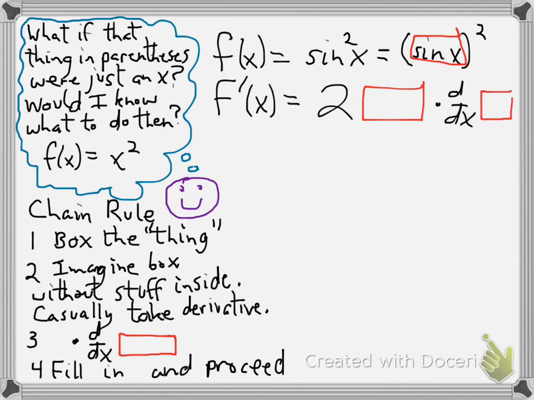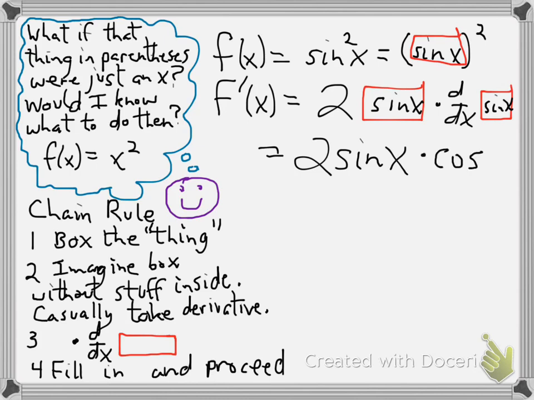And then we're ready to fill in the boxes with sine x. And proceed. 2 sine x, and now we worry about d dx of sine x. The derivative of sine x is cosine x, and we would get our answer 2 sine x cos x.